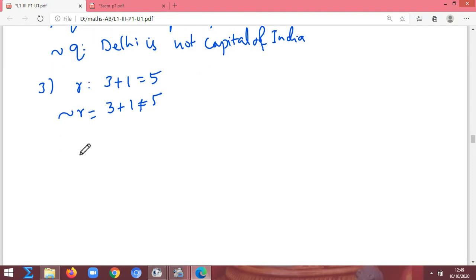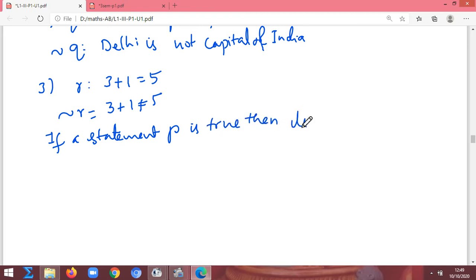So vice versa. So for that we are going to have a truth table of negation. So if a statement P is true, then its negation P is false. Okay.